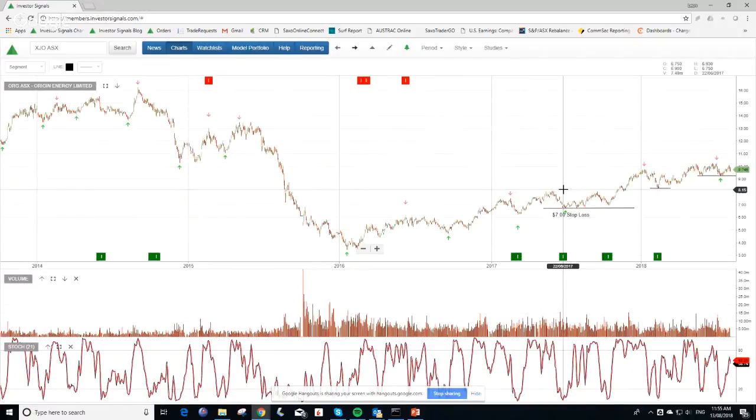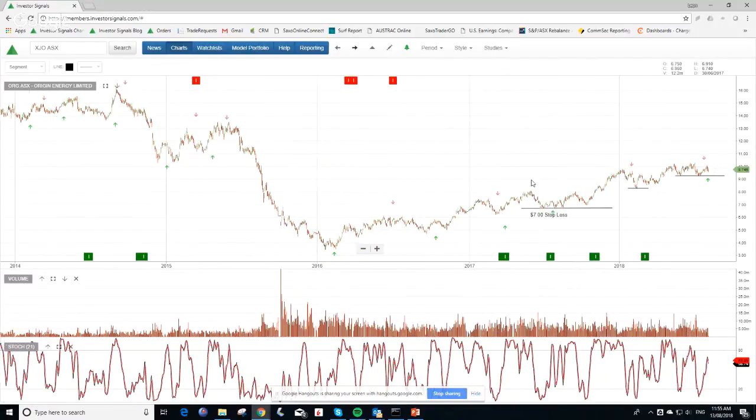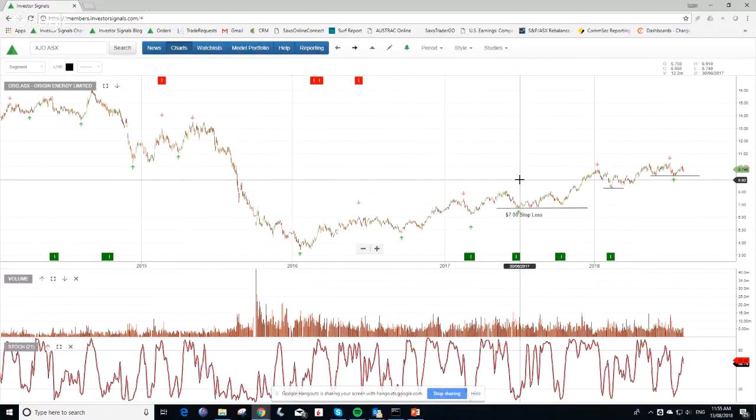Origin Energy. So this is a high conviction idea. I think the income that Origin's generating from their LNG assets at Curtis Island are really impressive, and we think that's a theme that continues to deliver value for shareholders.